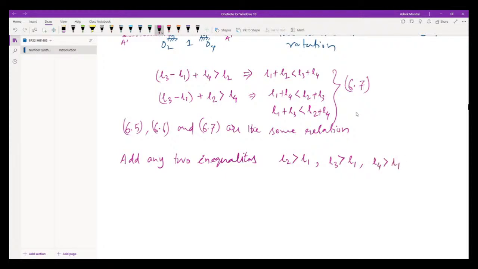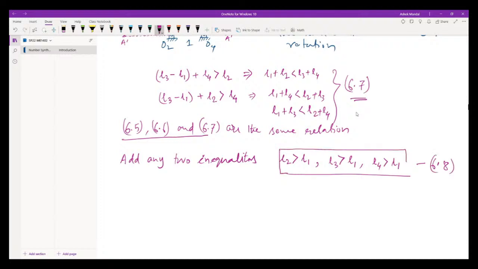So finally, that means from these inequalities, 6.7 can also be written in this form. Let us call it 6.8. That means this is the condition.